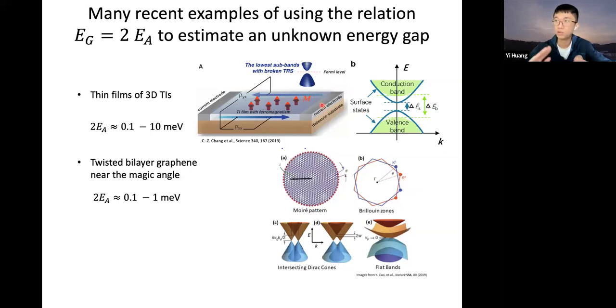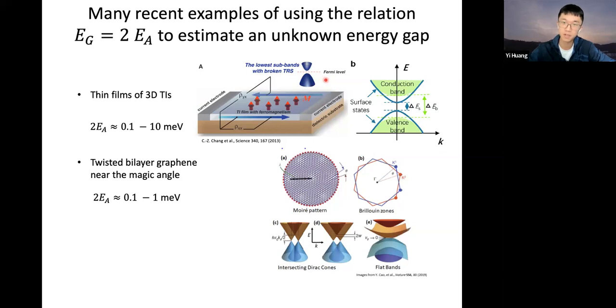You can also do experiments in 3D TI without such magnetic impurities by making your TI samples quite thin. Then the top surface states and the bottom surface states of your TI can hybridize with each other, and this hybridization will also open a gap in your Dirac cone, similar to this picture.